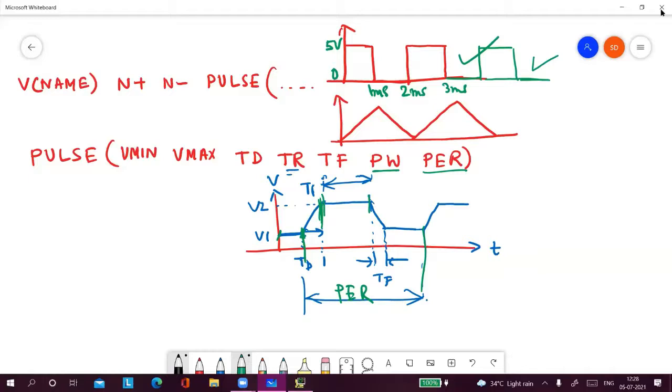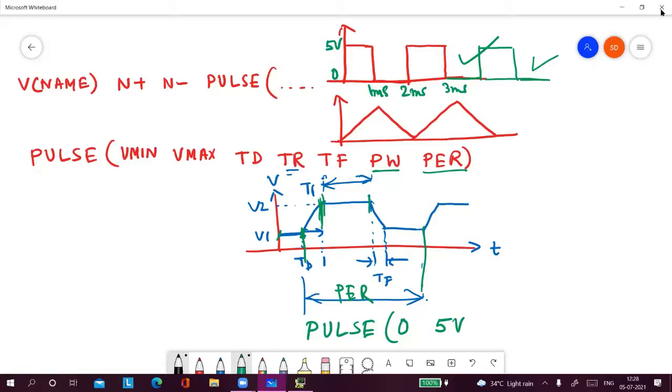What will be the Spice statement? Pulse. V minimum is 0, V maximum is 5, so 0 volt, 5 volt. Then what is the delay time? Delay time is 0 seconds. There is no delay, it will start from the origin.